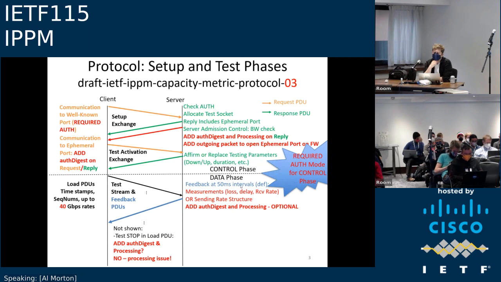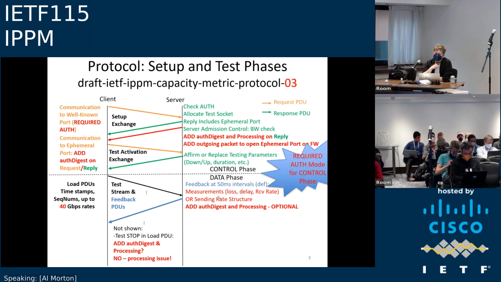So now going down below the control phase line into the data phase, we typically have our load PDUs. We send at really high rates. We can go up to 40 gigabits per second now in our running code. And we expect to get feedback PDUs back from the server, for example.